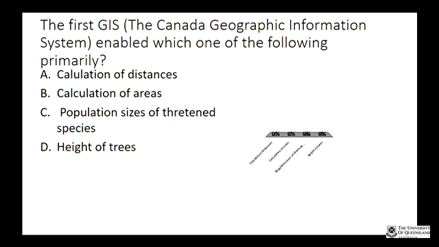Okay. Yeah, most of you got that right as well. It was calculation of areas.